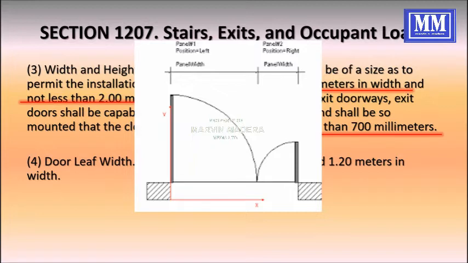It is mentioned here that the exit should be opened along the traffic of the users. So we have here the two kinds of door opened 90 degrees. It will give you the correct standard for opening of the exit doors.